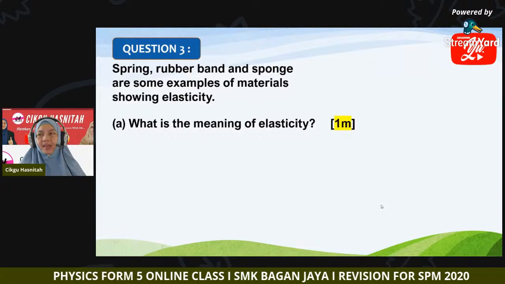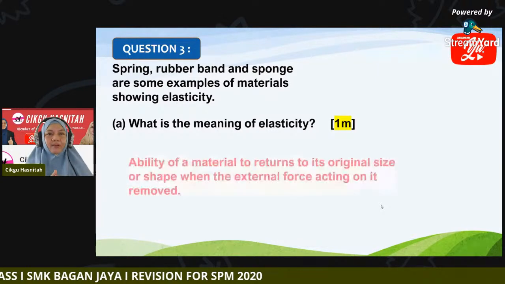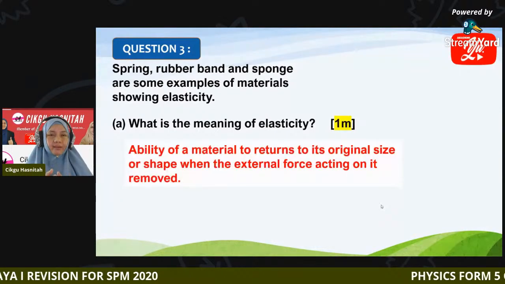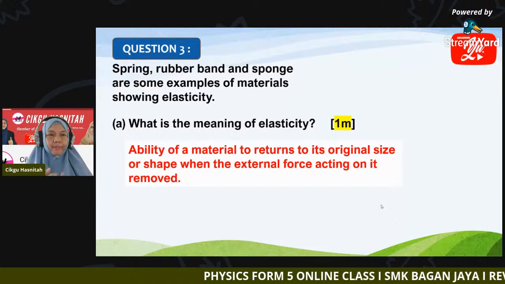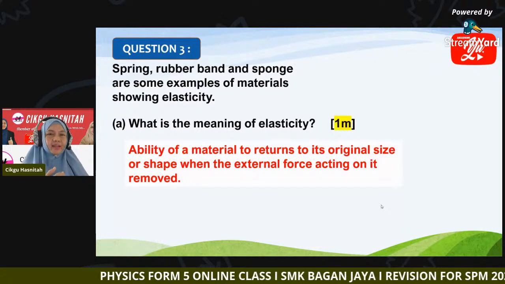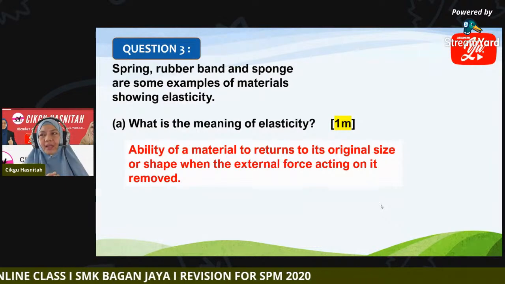Yes, very well. So elasticity refers to the ability of a material to return to its original size or shape when the external force acting on it is removed. This is the meaning of elasticity.